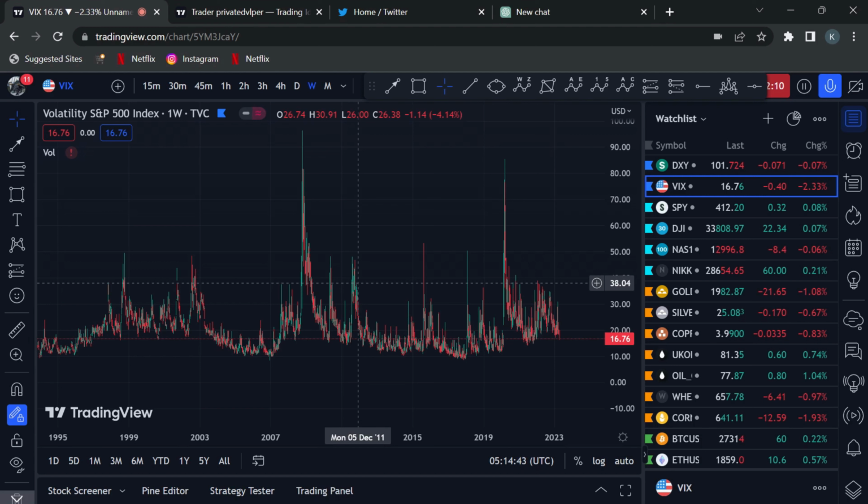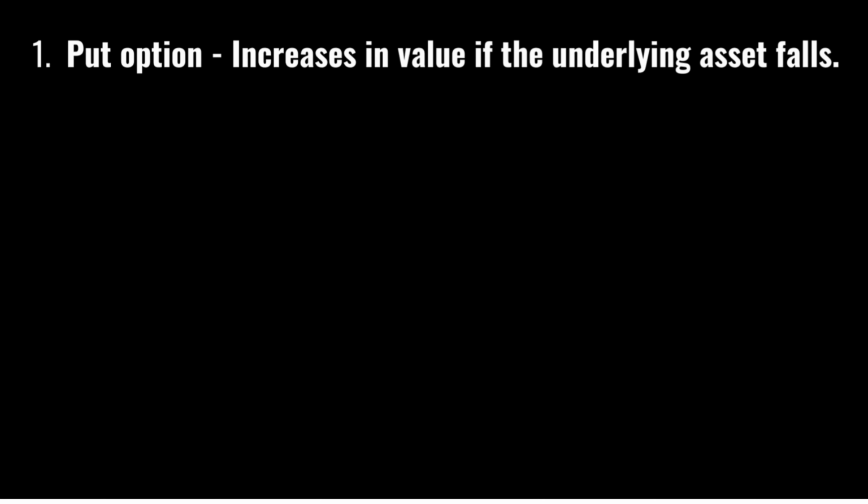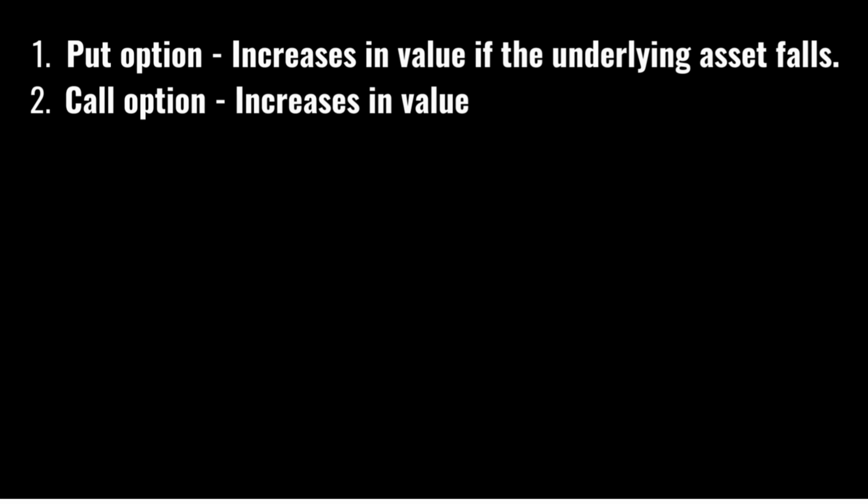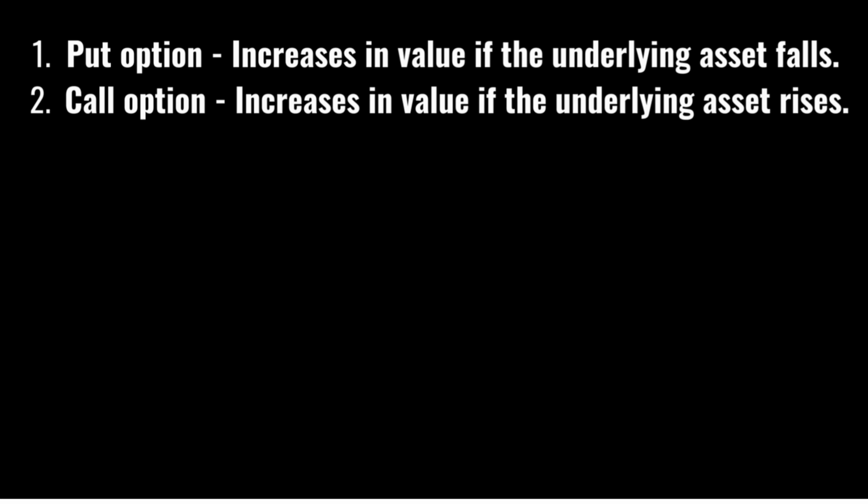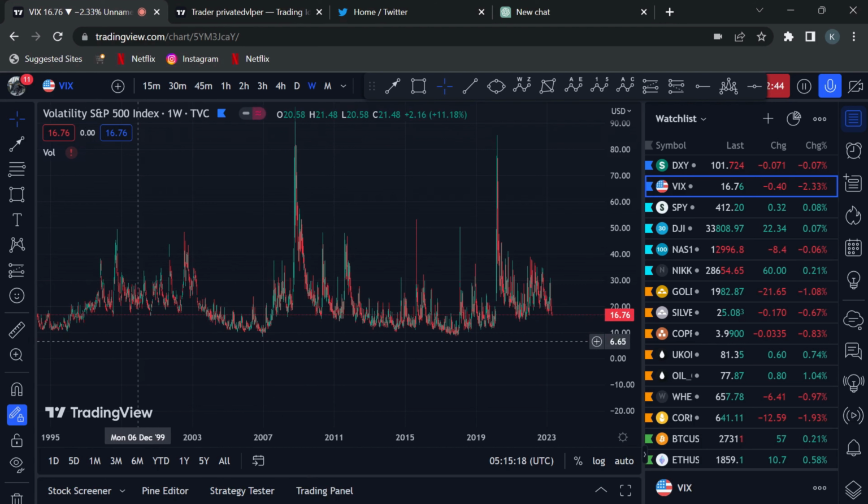So the VIX is constructed in such a way that it looks forward in the next 30 days and tries to forecast the likely volatility of this S&P 500 index using these put options and call options. So what are these put options and call options? A put option increases in value if the underlying asset falls, and a call option increases in value when the underlying asset rises.